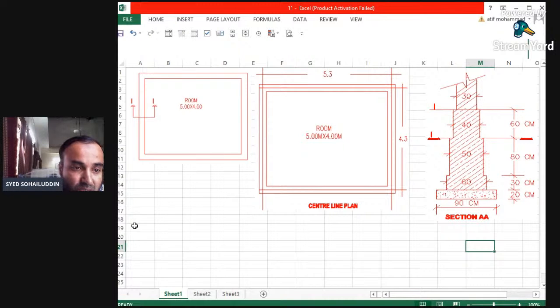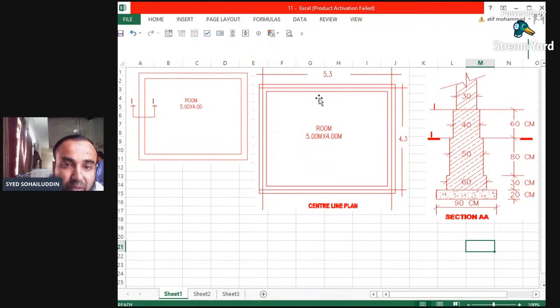So we have to find the center to center distance of the long wall. We will consider the x direction as the long wall.